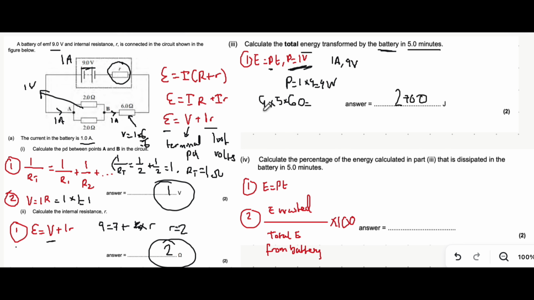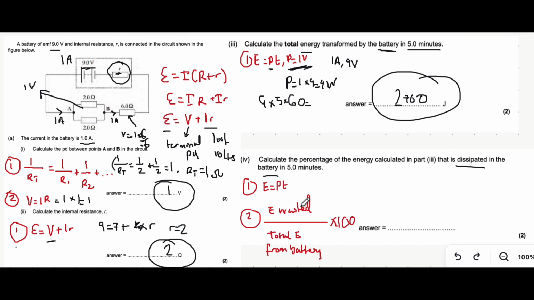Lastly, we're looking at the percentage of energy that's dissipated in the battery. Dissipated is another word for wasted, and the energy that's wasted is due to the internal resistance. So if we find the energy that's taken up due to the internal resistance and put that over the total energy in the battery that we found before and times it by 100, that'll give you the percentage that's dissipated.